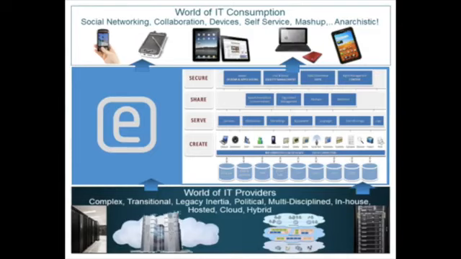Were we to try and build up a picture of what the Encanvas architecture looks like on paper, this is one way that you could present it. It's quite hard to visualize a cloud, but essentially Encanvas exists in the world between the world of IT consumption, with all of the different types of users with different sorts of platforms consuming and processing data, and then the provisioning of the data, the world of IT providers where we're sourcing data from the databases, creating new data structures, serving up new applications.